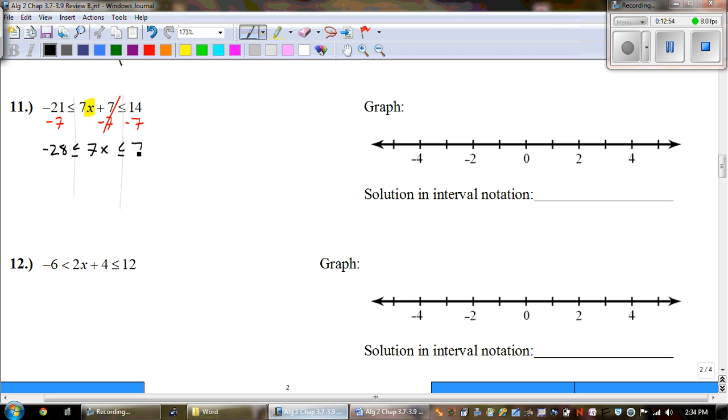And 14 minus 7 is 7. The x is not by itself yet. I need to divide by a positive 7. -28 divided by 7 is -4. And then 7 divided by 7 is 1. So I'm going to be graphing -4 is less than or equal to x, which is less than or equal to 1.